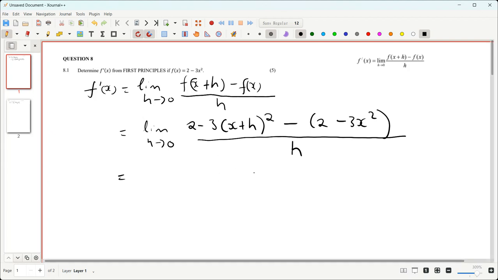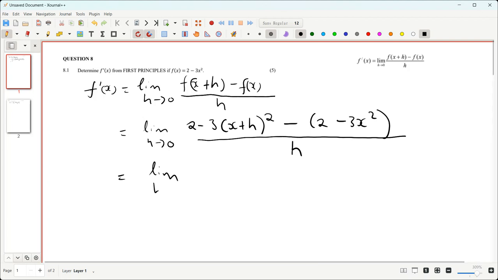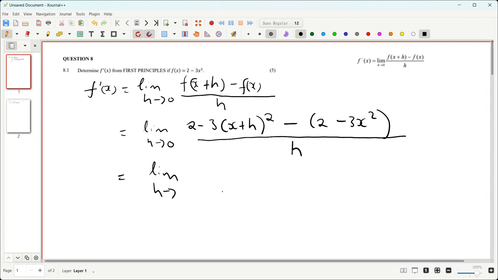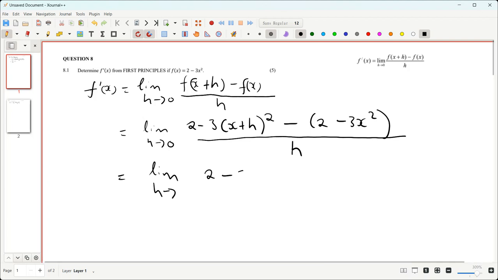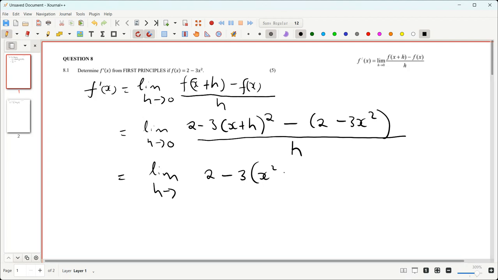Then the next thing, you can try to tidy this up. You can see if there are things that you can cancel or things that you can add. So let's tidy this up. You have 2 minus, and this we can expand, which is x squared plus 2xh plus h squared, and then minus 2 when we multiply with a negative, and then plus 3x squared when we multiply the negative with negative 3x squared.